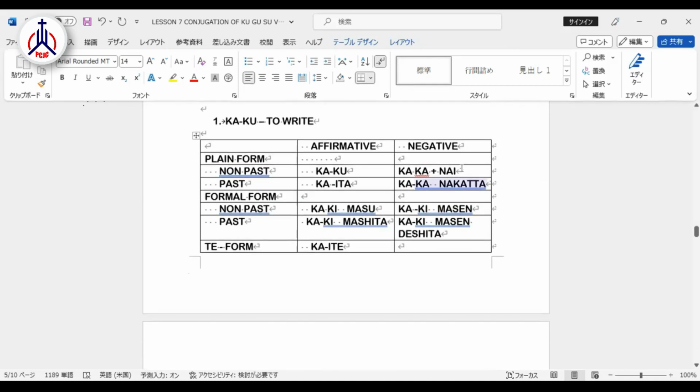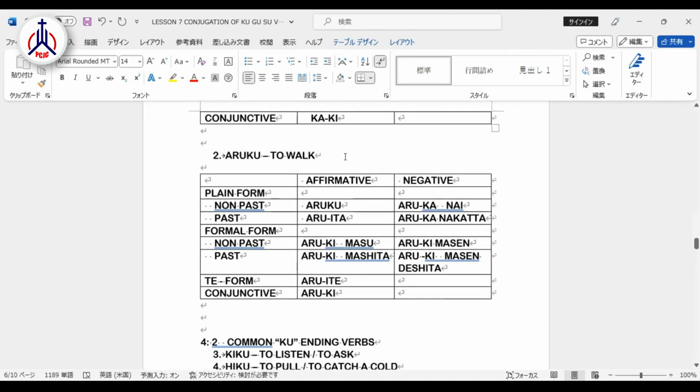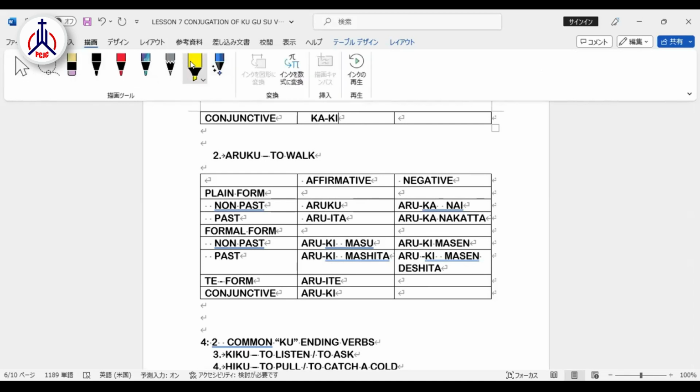Okay, let's go to example number 2 so you would understand more. The word is aruku, which means to walk. Notice it ends in ku, right? Aruku ends in ku.